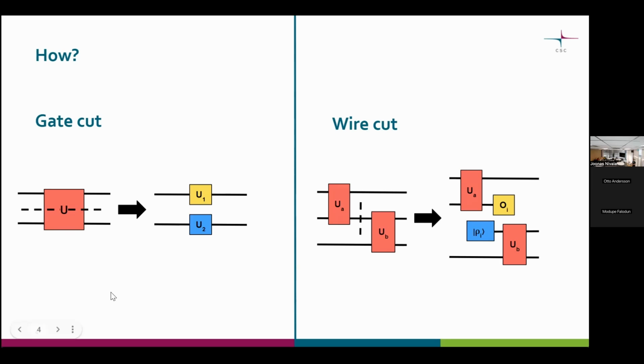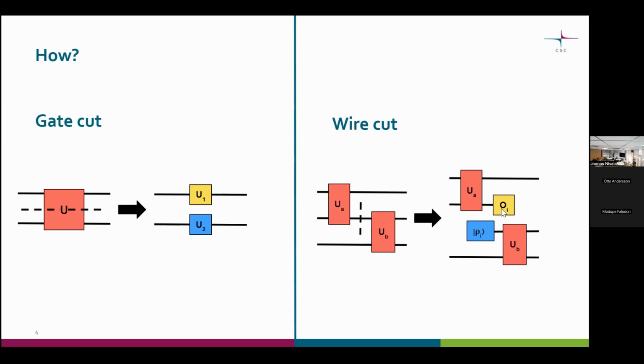Gate cuts cut a 2-qubit gate into a group of single qubit local operations. And wire cuts split the circuit from some empty spot in the wire into two independent parts, where on both sides of the cut location, you insert some operation. At least in the gate cut part, it's clear that these are just some single qubit gates.